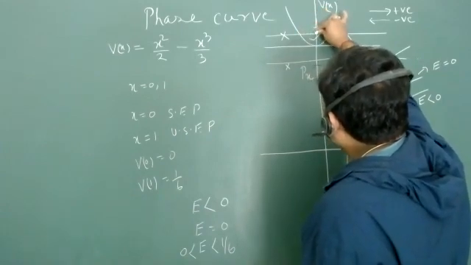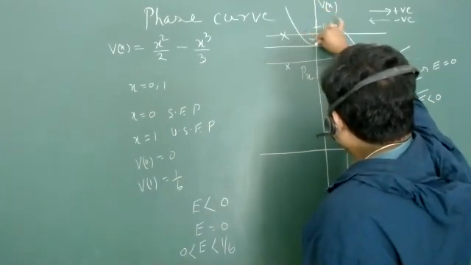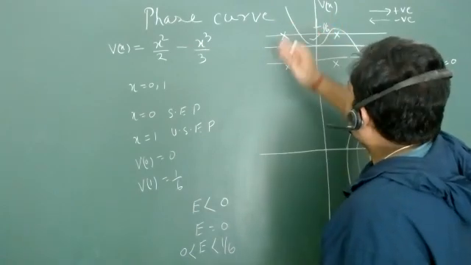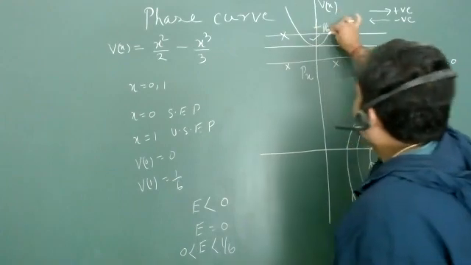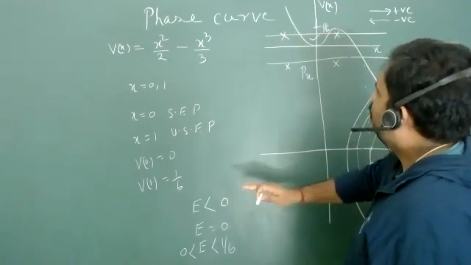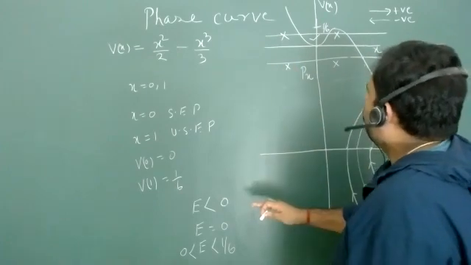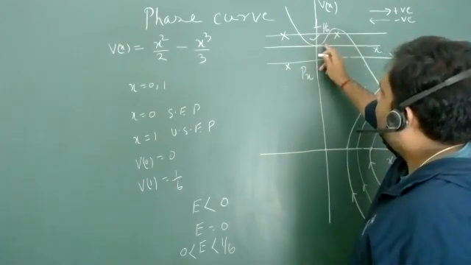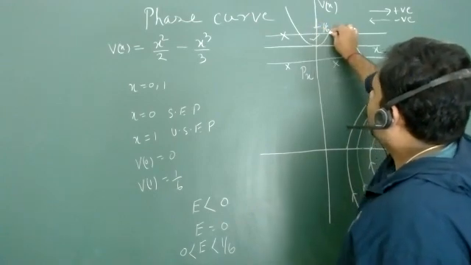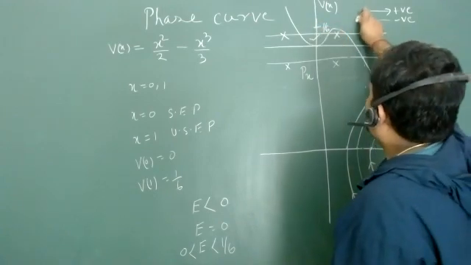As it is moving towards the origin, the potential energy is decreasing. So kinetic energy will increase. So momentum will increase. And after that, your potential energy is increasing. So your kinetic energy will decrease. And hence your momentum will also decrease. And you are just moving from negative to positive x, and you have your positive momentum.